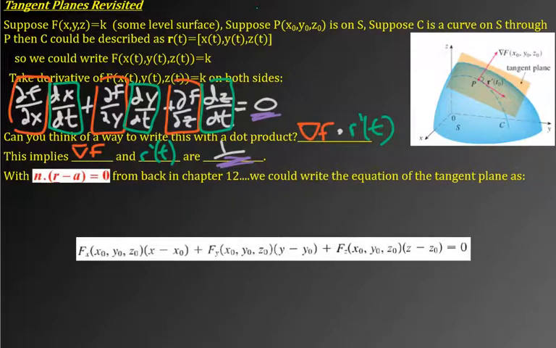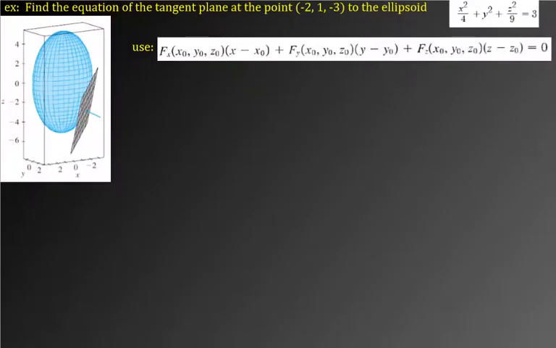You can literally just take the gradient evaluated at the point and pop it in here. Here we're doing r minus a, but here we're switching over to x's. We have x minus x naught, y minus y naught, z minus z naught, and x naught, y naught, z naught are just the point P. So this is a shortcut to help you get tangent planes a lot quicker.